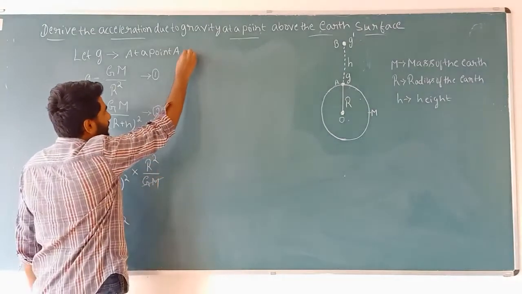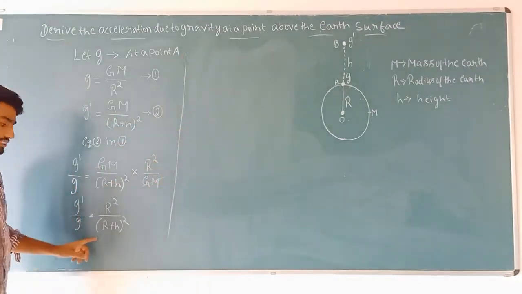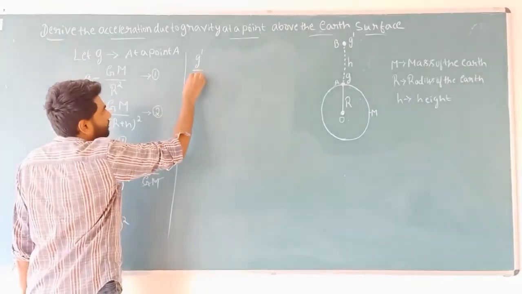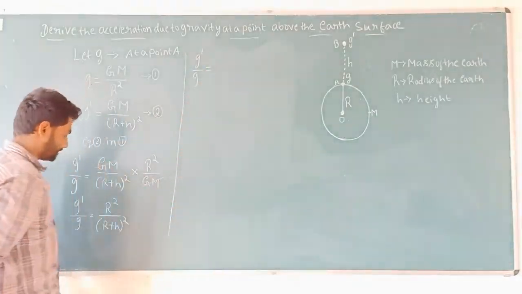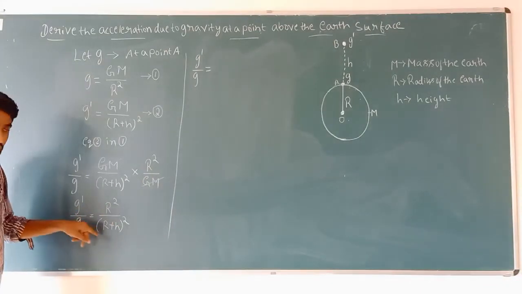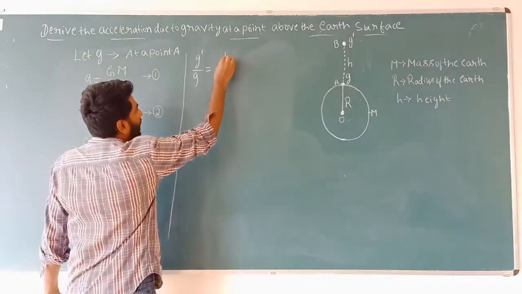This can be written as g dash by g equals r by r plus h whole square.